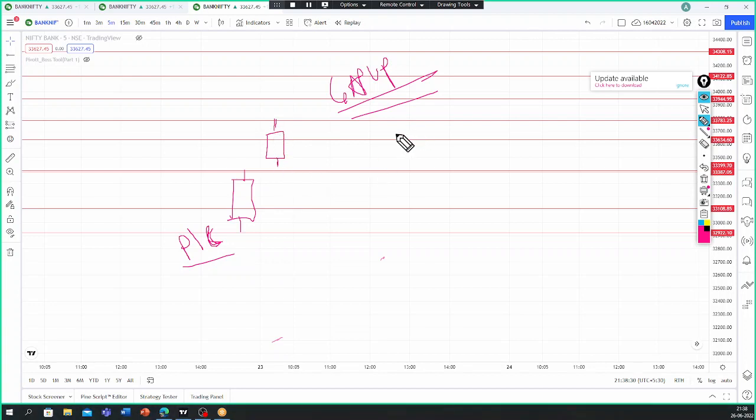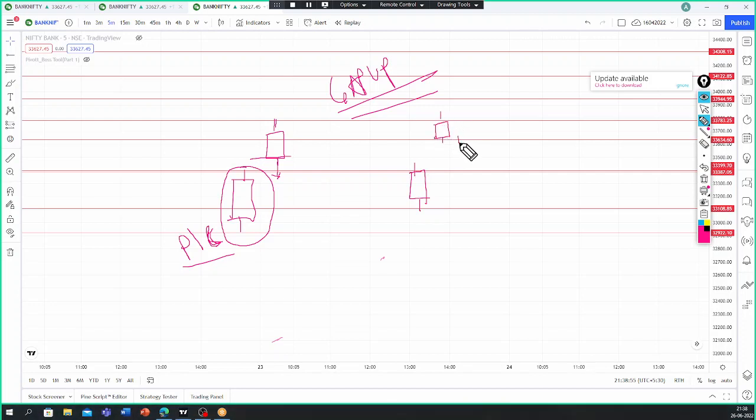Right, so this is your previous close. Anything above this, the opening, is your gap up. But you have to make sure that the opening candle doesn't come and close this gap. Say your opening is here, your closing is here.